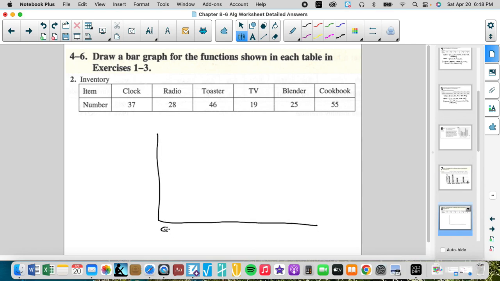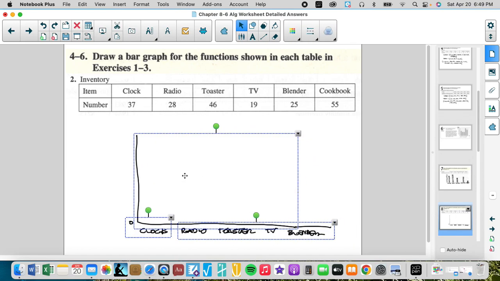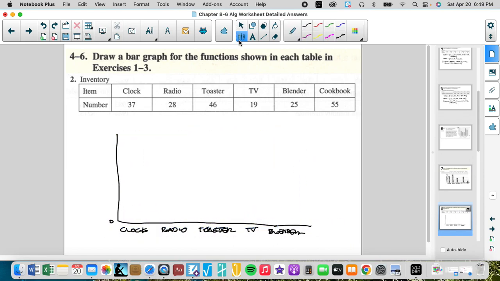We have clock. That's going to be 0. We have radio. We have toaster. We have TV. We have blender. And we have cookbook. Let's move you all over a little bit. Cookbook.